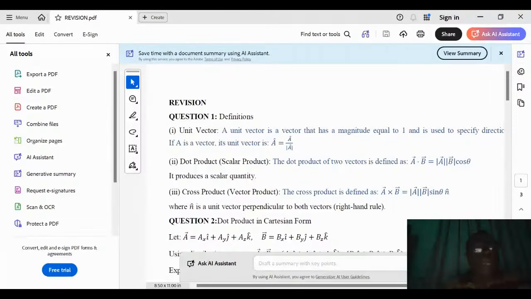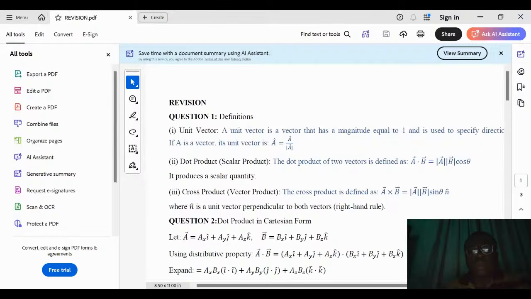I believe you can see the document I've shared. So we're going into the business.